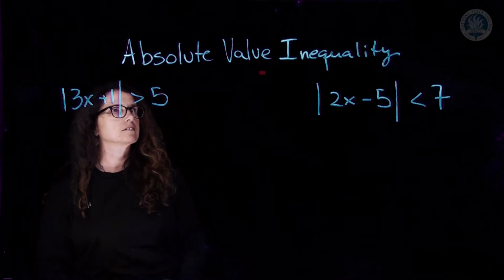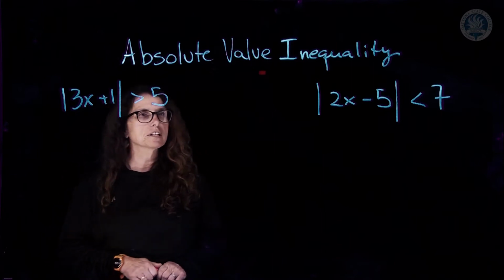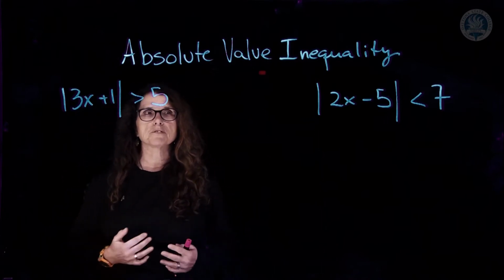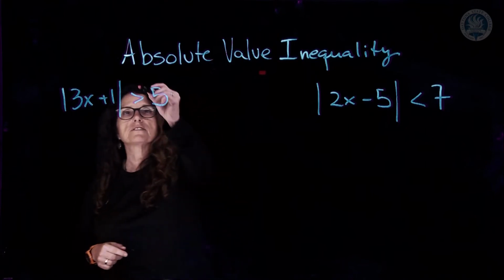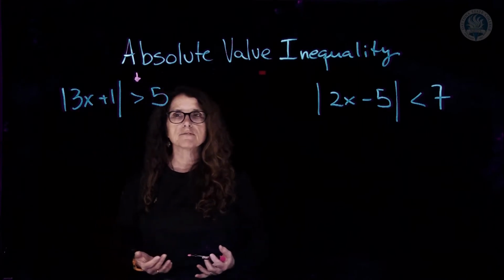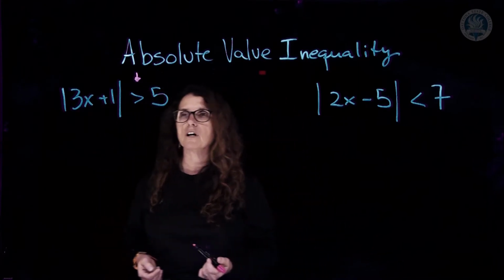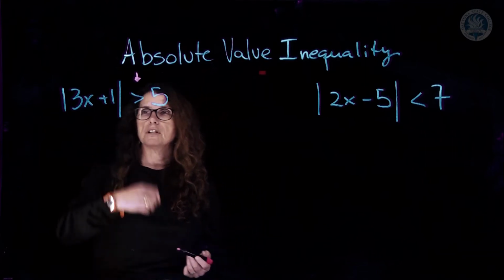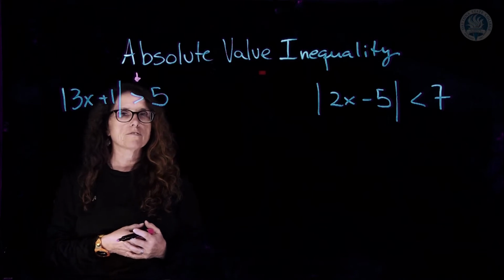Now we're looking at absolute value inequalities. Again, the difference between the inequality and the absolute value equation is the symbol. Absolute value equations have an equal sign. Inequalities have our inequality symbols. So here we get the absolute value of 3x plus 1 is greater than 5.